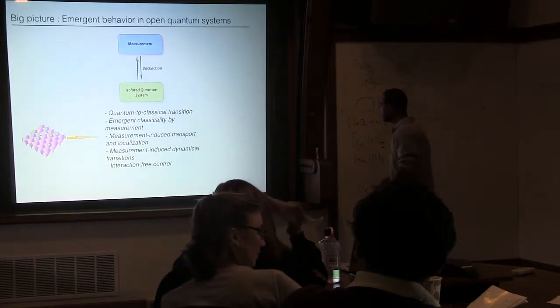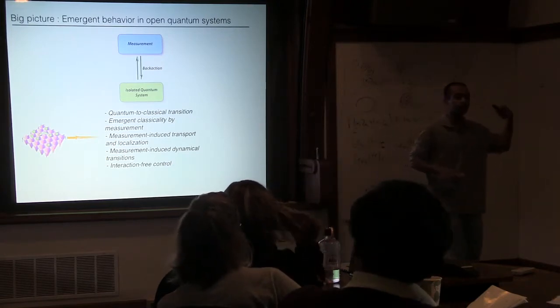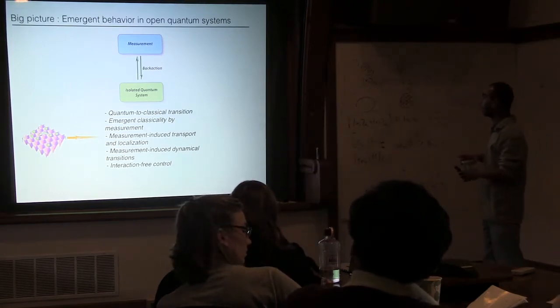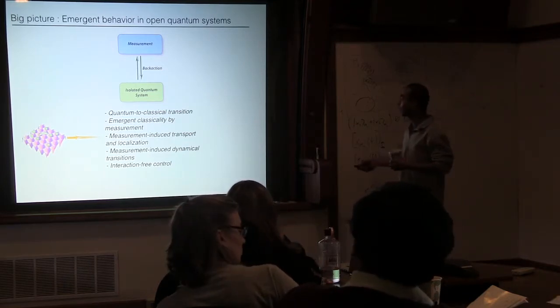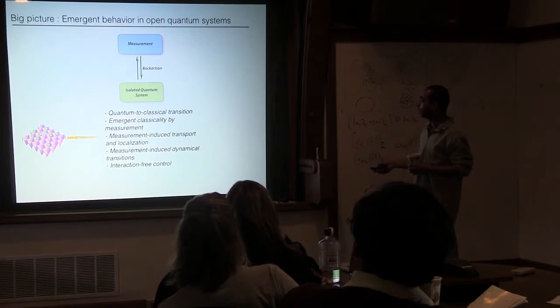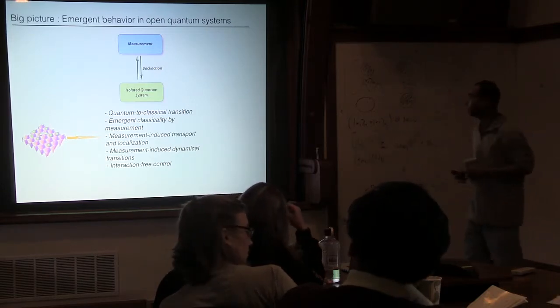So what I've told you about is that measurement back action, and indeed any kind of a reservoir, whether it be quantum or classical, is actually a very, very powerful thing, because it can be used to create novel behavior in a many-body system, in a many-body context.